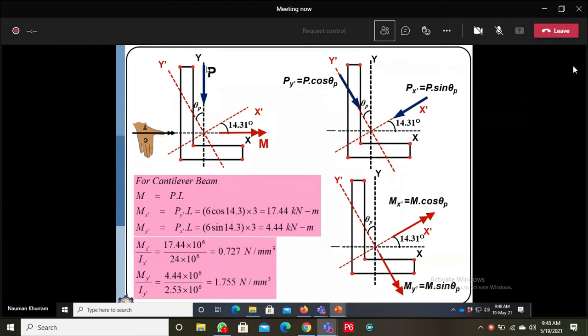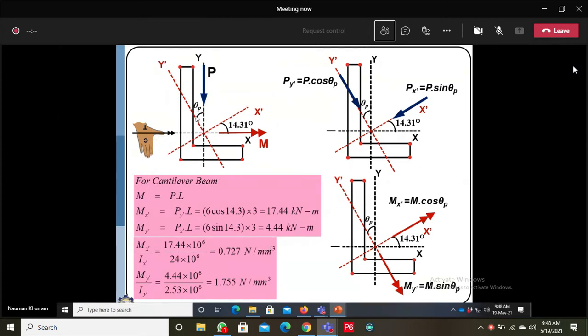The load is acting downward, so this angle will be the same. I am using two concepts. Number one, I am transforming the load into two components, and each component must be acting along one of the principal axes.